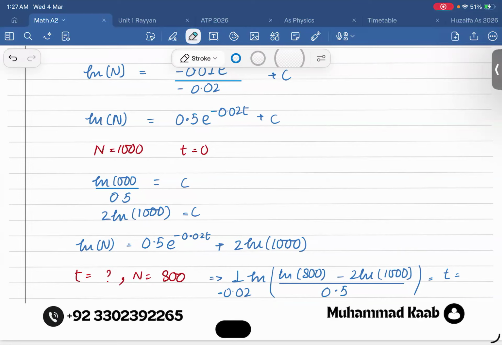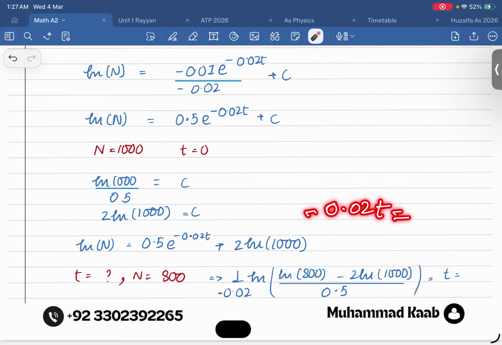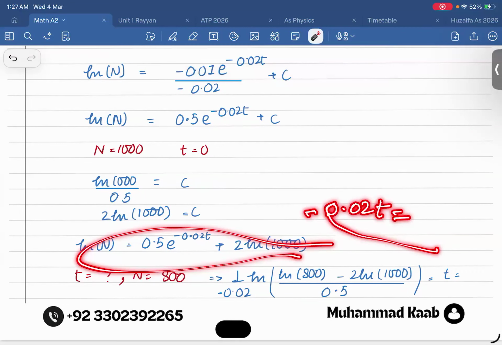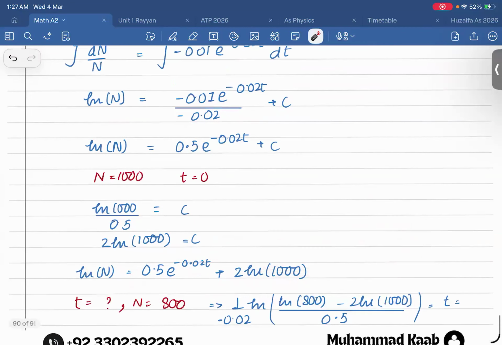It shouldn't be, I apply the ln to remove the exponent, and then when I remove the exponent, that becomes the base, so it would just be 0.02 times t, with a negative, is equal to this whole thing. So I just divided to make t the subject, no? When you put 0 here, you'll get 0, and e to the 0 would be 1.